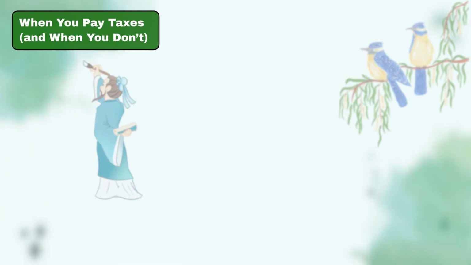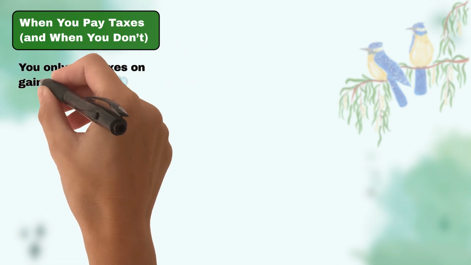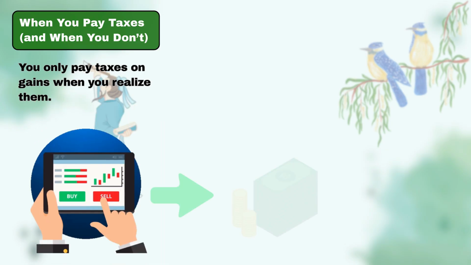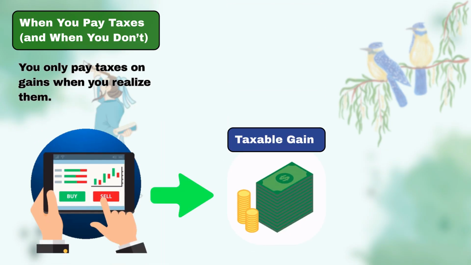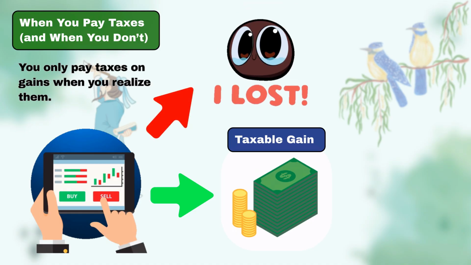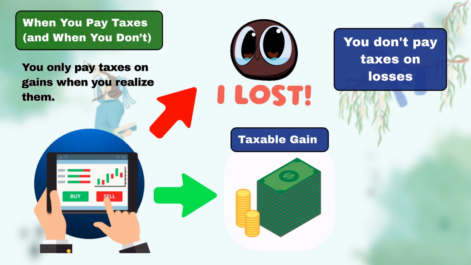So the most important rule for beginners to remember is this: you only pay taxes on gains when you realize them. If you sell a stock for a profit, that gain is taxable. But if you sell a stock at a loss, you don't pay taxes. In fact, that loss can often reduce your taxable income.